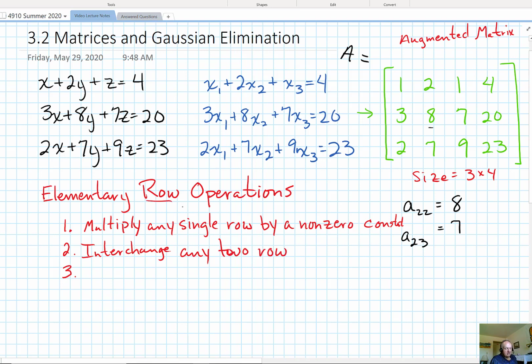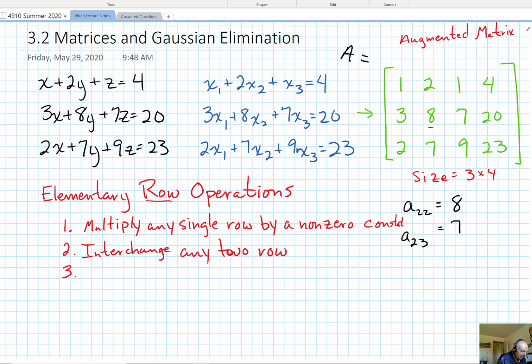Notice these are row operations, not column operations. But I can interchange any two rows, and obviously that's not going to change the solutions, right? You're just writing one first instead of second. And so those are fairly basic and fairly obvious, and we don't change anything.